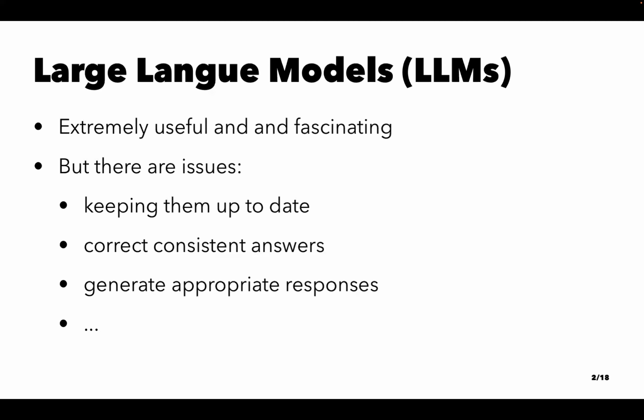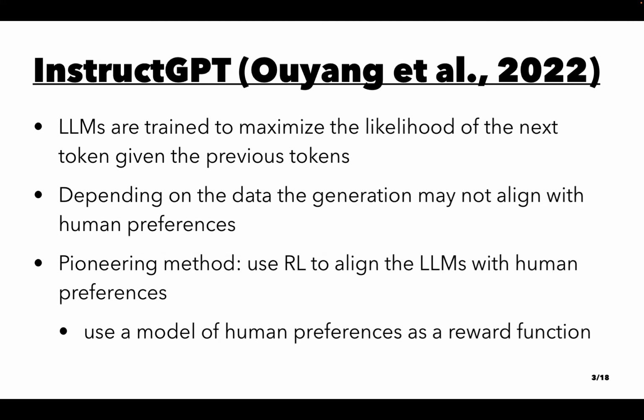And the pioneering methods used for aligning LLMs, which remember are just generative models trained on maximizing the likelihood of the next token given some prompt, is to use reinforcement learning with human preferences. And the pioneering method to do that, I guess, was the Instruct GPT paper from 2022. Right?